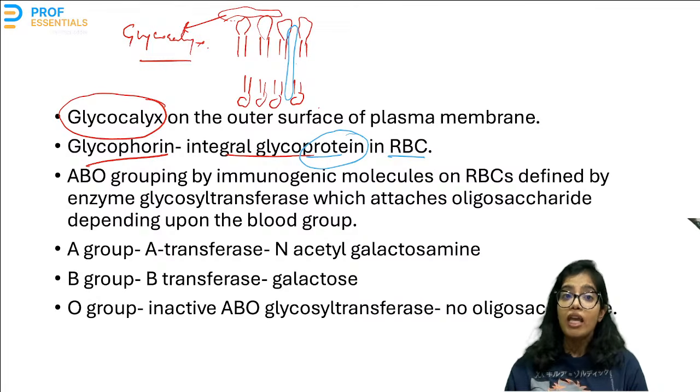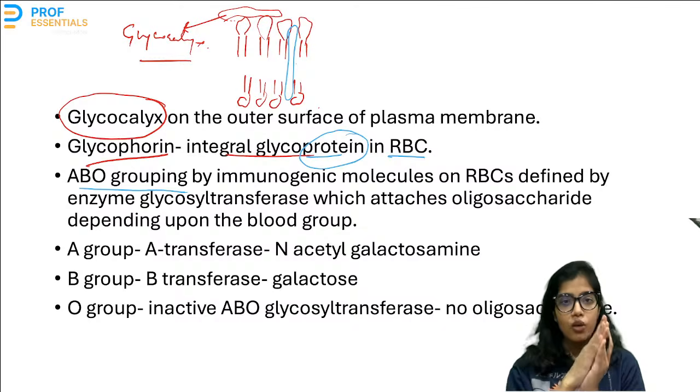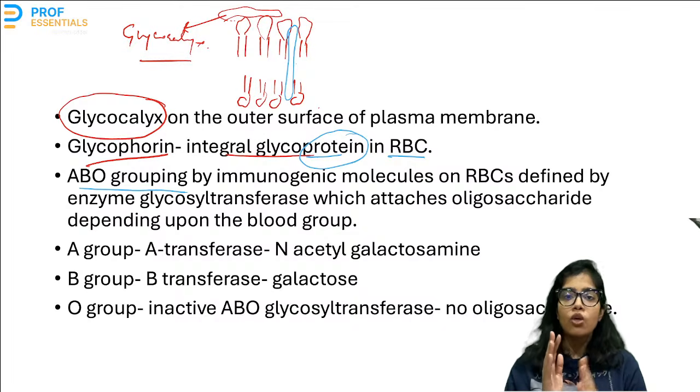Okay. Now, ABO blood grouping also depends upon a few saccharides. ABO blood groups are distinguished by the presence of a particular enzyme in the genome of the person, the enzyme that is encoded by the genome. Suppose someone has the A group of blood.